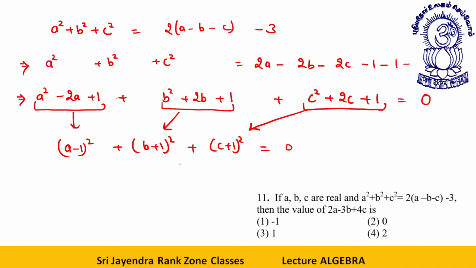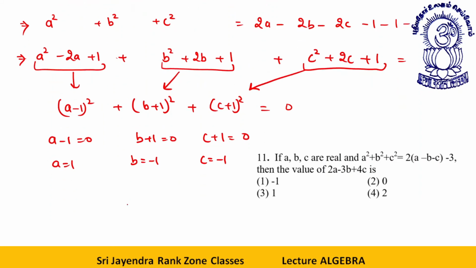Okay, dear students. So here what I get is a minus 1 is equal to 0, b plus 1 is equal to 0, c plus 1 is equal to 0. That is a is equal to 1, b is equal to minus 1, c is equal to minus 1. Then the value of 2a minus 3b plus 4c: that is 2 into a is 1, minus 3, b is minus 1, c is minus 1.